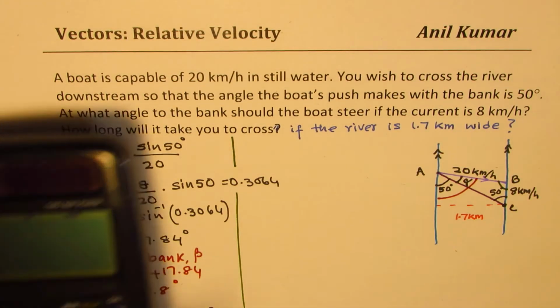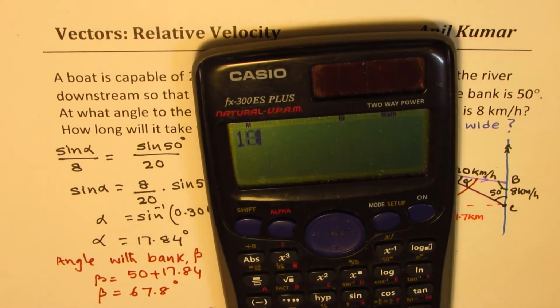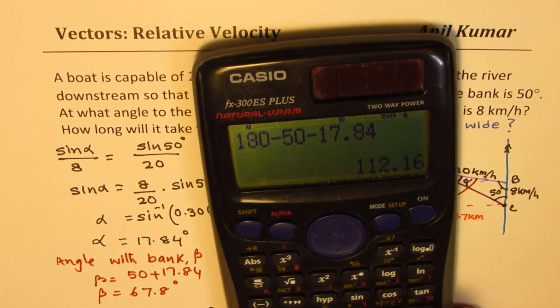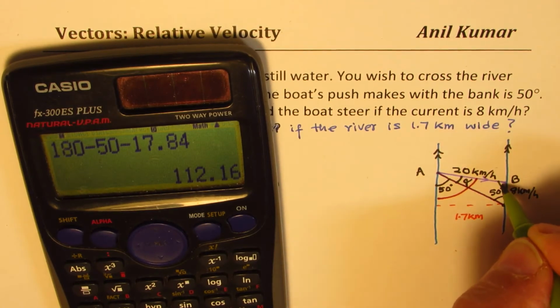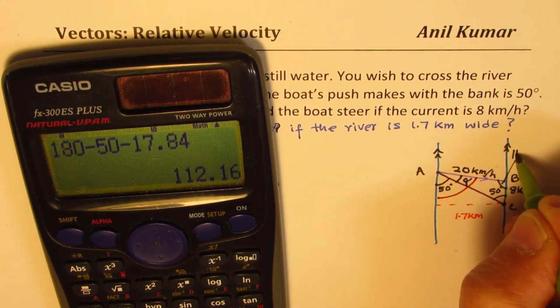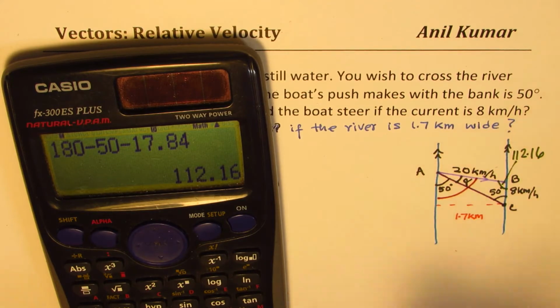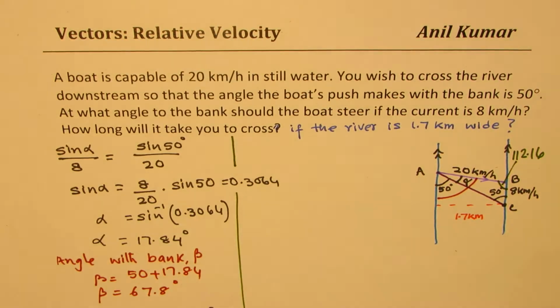So which should be 180, take away 50, right? Take away 17.84, and that gives you 112. So this angle here is 112.16, right? So that is the angle which we get on the other side.